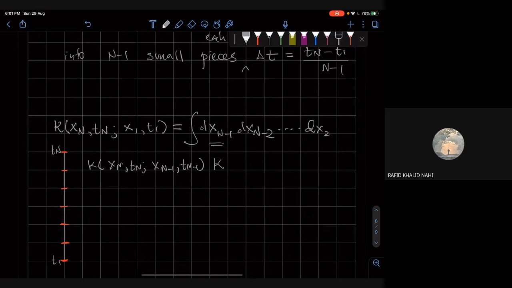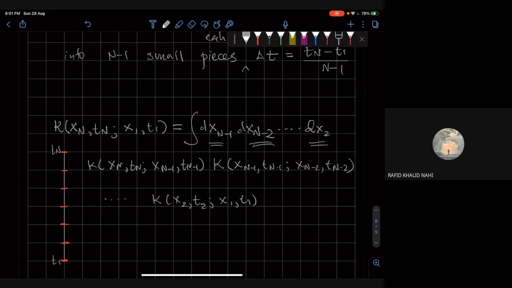And then we're going to multiply that with K(x_{n-1} t_{n-1}; x_{n-2} t_{n-2}), and we're going to integrate over x_{n-2}. So on and so forth until K(x_2 t_2; x_1 t_1), and thus we're going to integrate over x_2. See that there is no integral over x_1 or x_n. Those are the endpoints.